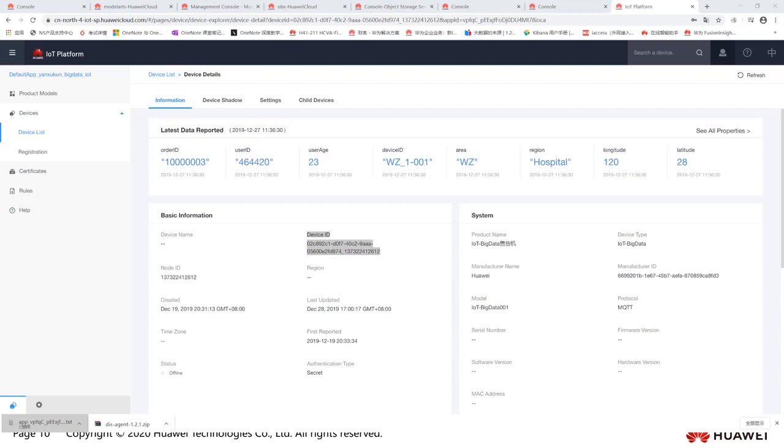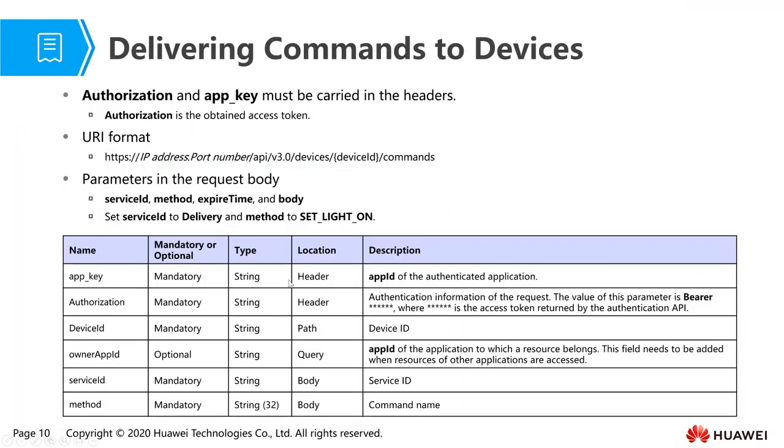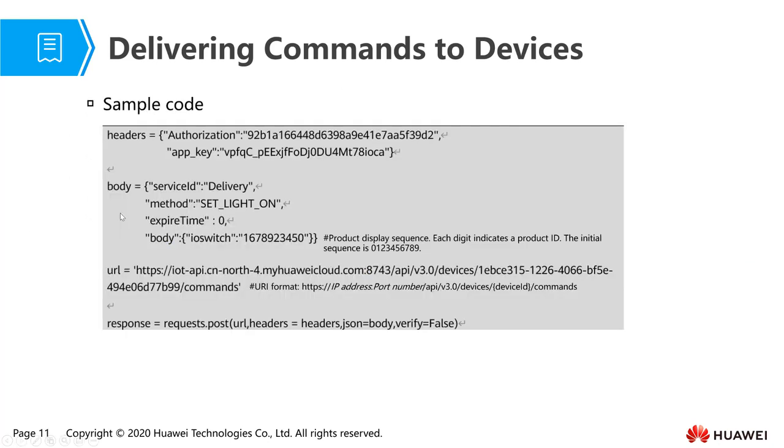The request body contains the following parameters: service ID, method, expire time, and body. The value of service ID is fixed to delivery, and the value of method is fixed to set_light_on. Use the actual command as an example. In the code, each digit in the body indicates a product ID.